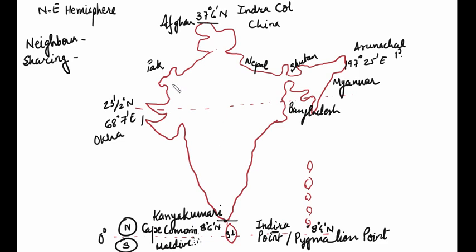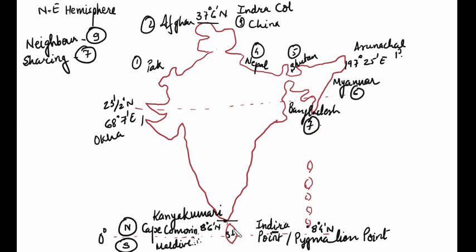So if we count how many neighbors we have, we have 9 neighbors, of which India is sharing the boundaries with 7 countries. Okay, Pakistan, Afghanistan, China, Nepal, Bhutan, Myanmar, and Bangladesh. Now, Sri Lanka is that country which is said to be connected and also said to be separated.